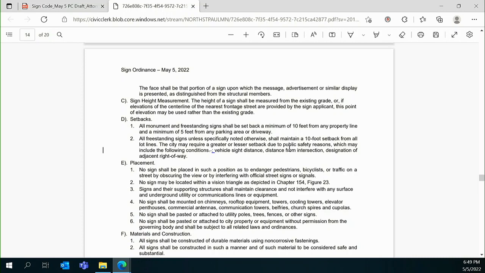There's a duplication of the 10 feet, but I'm wondering if bullet 2 applies to monument and freestanding, when it talks about the city may require something in addition to that.